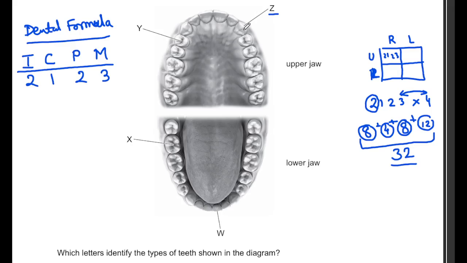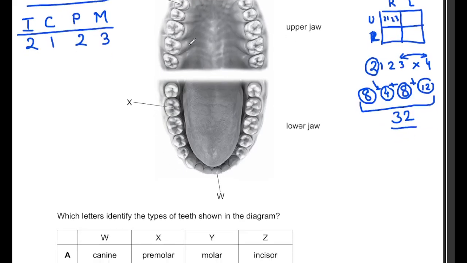How many canines should be there on the upper jaw here? Canines should be 4. So we have 1, 2, 3 and 4, 4 canines. And what is the W here? W is of course an incisor.